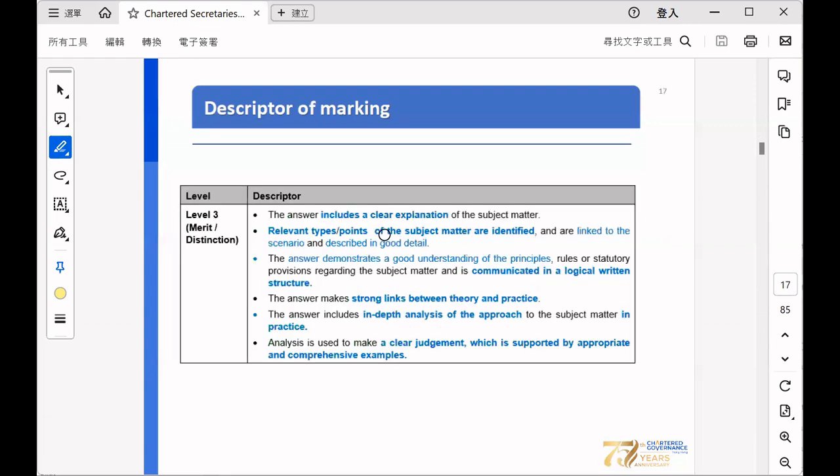Of course, for a distinction or merit, the answer is very clear, written very logically, the application is correct, the issues identified are correct, and everything is good.